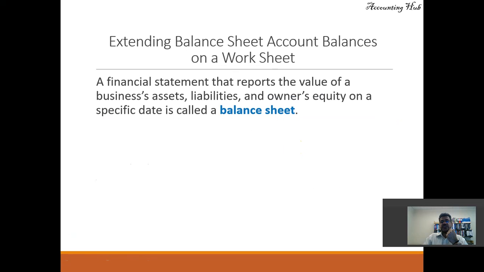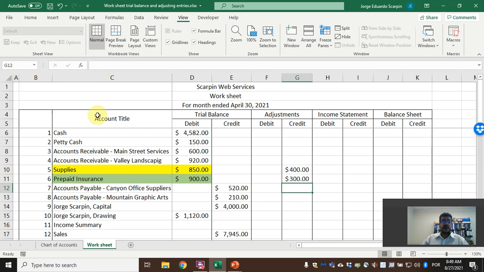Extending balance sheet account balance on a worksheet. A financial statement that reports the value of a business's assets, liabilities, and owner's equity on a specific date is called a balance sheet. So what we will be doing, assets, liabilities, owner's equity, we move those accounts from our worksheet here to our balance sheet.